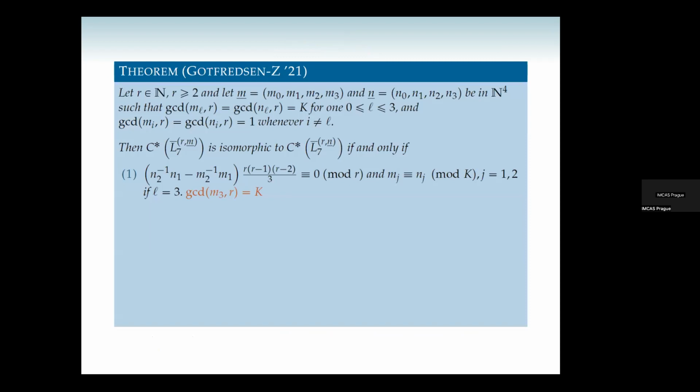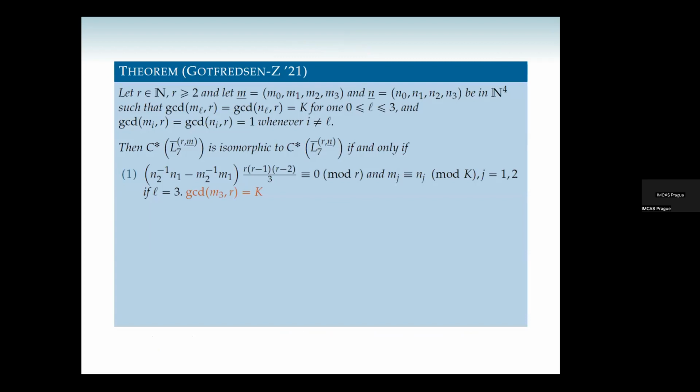So if you take 2 length spaces, we have 2 different sets of parameters here. We have to assume that one of the greatest common divisors is something which is not necessarily 1, and the rest of them have to be 1. Then they are isomorphic, in this case we just looked at, if and only if it satisfies this condition here. Maybe you remember it from the case where the greatest common divisor is 1.